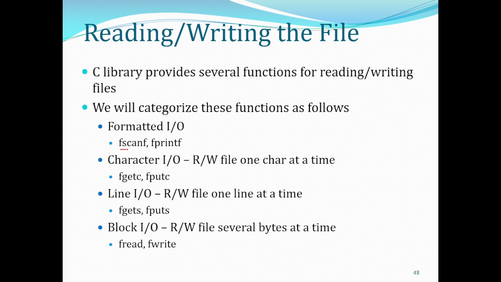First of all, we are using fscanf and fprintf functions. These are formatted input-output functions. Character reading and writing: we have getchar and putchar functions, and for files, we have fgetc and fputc.